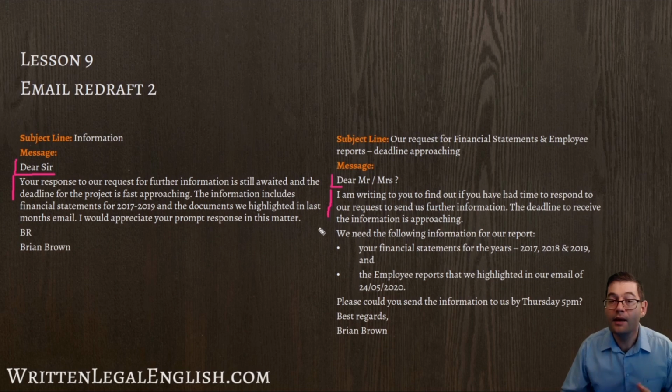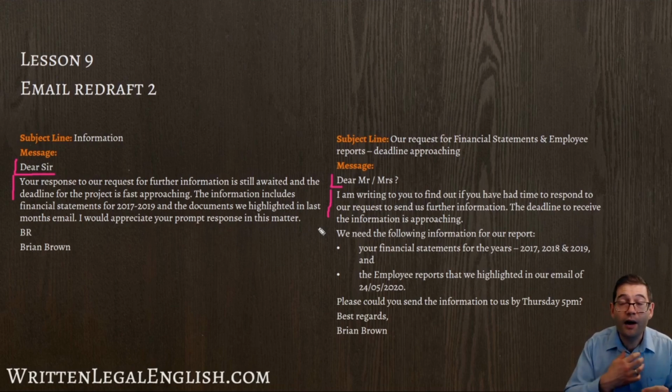So I said, "I am writing to you to find out if you have had time to respond to our request to send us further information." And I'm stressing this. I am writing to you to find out if you have had time to respond to our request.